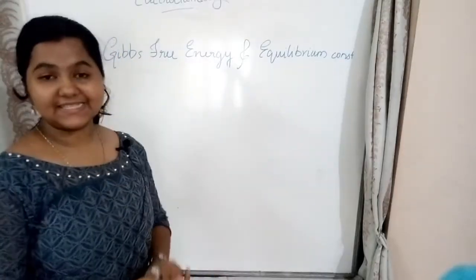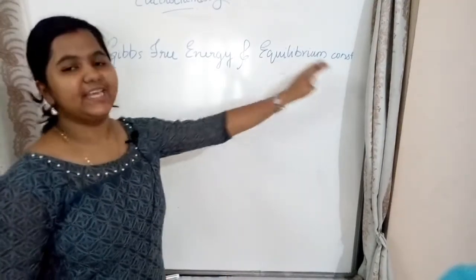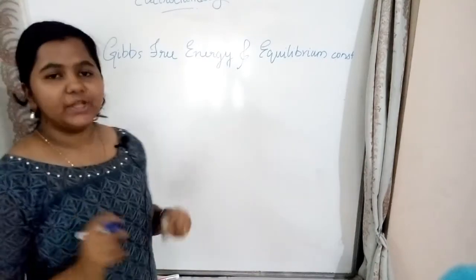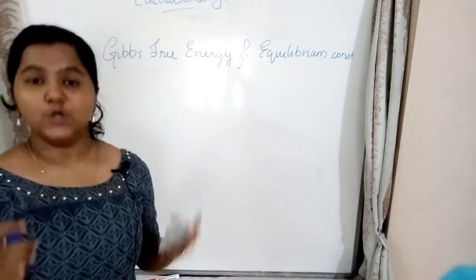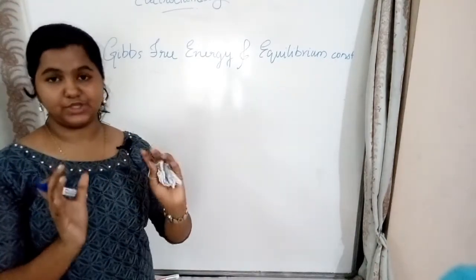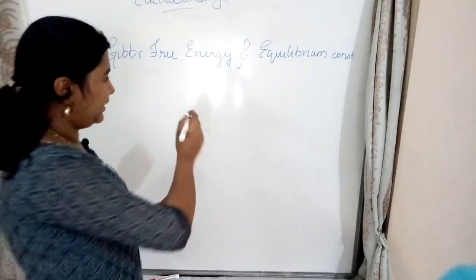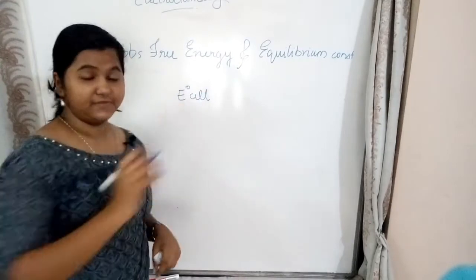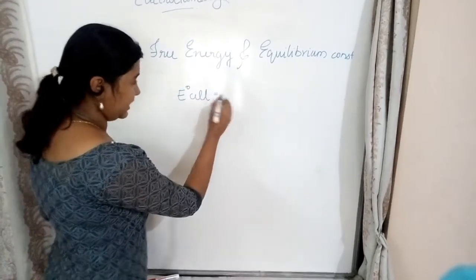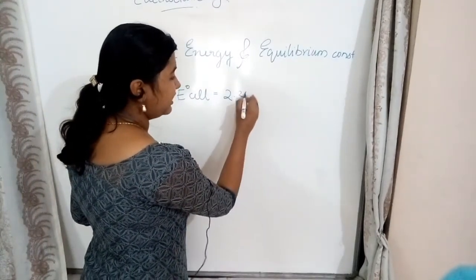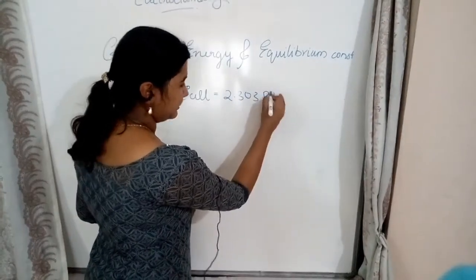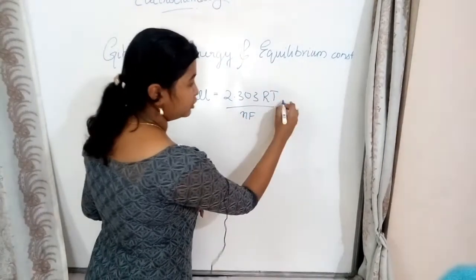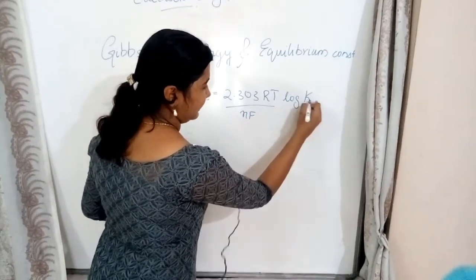Now I'll be discussing the Gibbs free energy and the equilibrium constant. We know the equilibrium constant is Kc, so we have to write an equation which contains Kc. We know that E0 cell is equal to 2.303 RT divided by nF times log Kc.